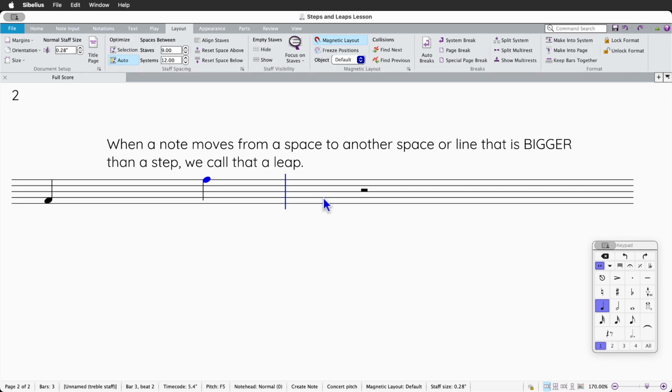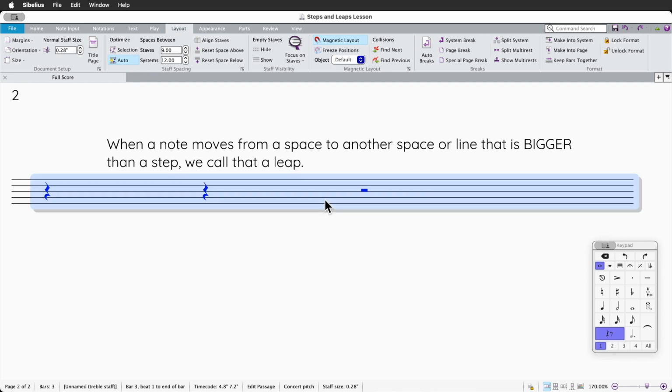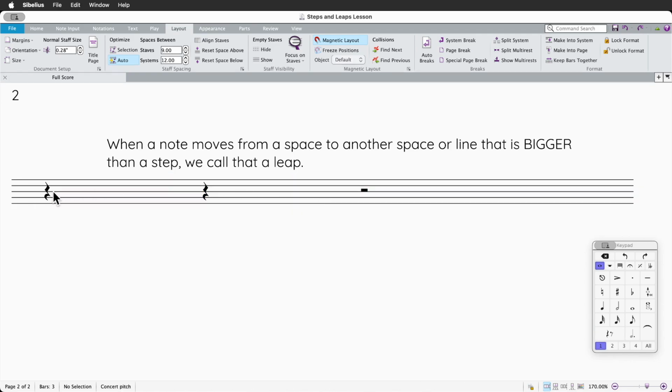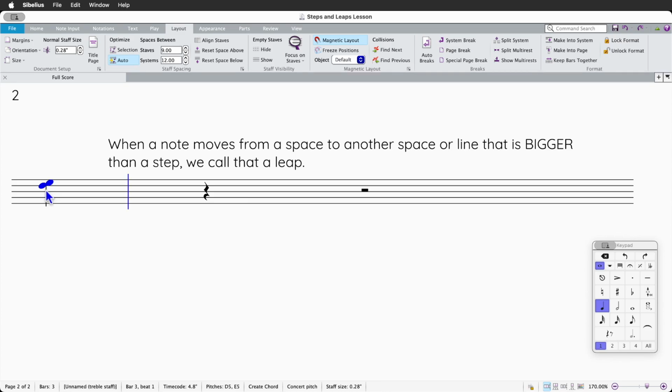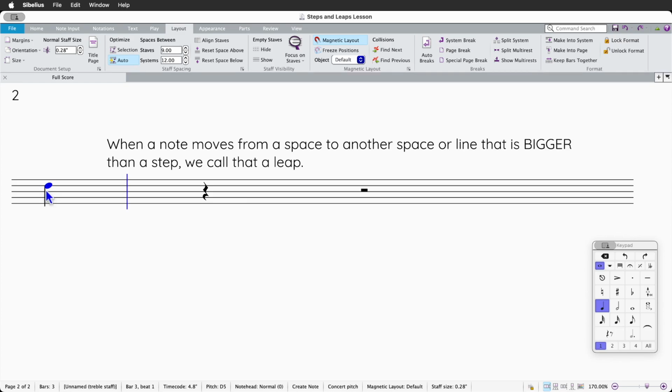Oh, by the way, if you go up, you can also go down. That can also be a leap. So let's say our first note here, let's pick something a little bit higher, maybe the fourth line. Let's do the fourth line right there, and we're going to go down by a leap. And again, anything larger than a step. So a step down from D would be that third space. So we could pick any note lower than the third space, and that would be considered a leap.